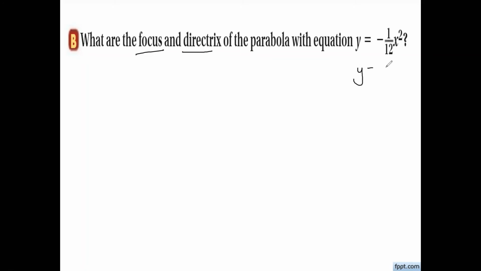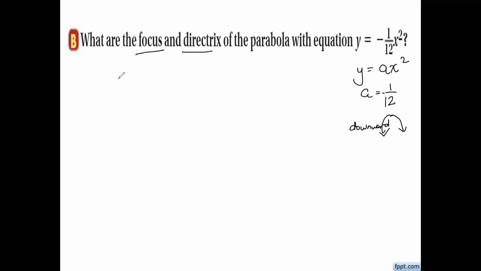This is in the form of y equals ax squared. Look at our a. Our a is negative 1 over 12, so our graph opens downward. If our a is negative, it opens downward.